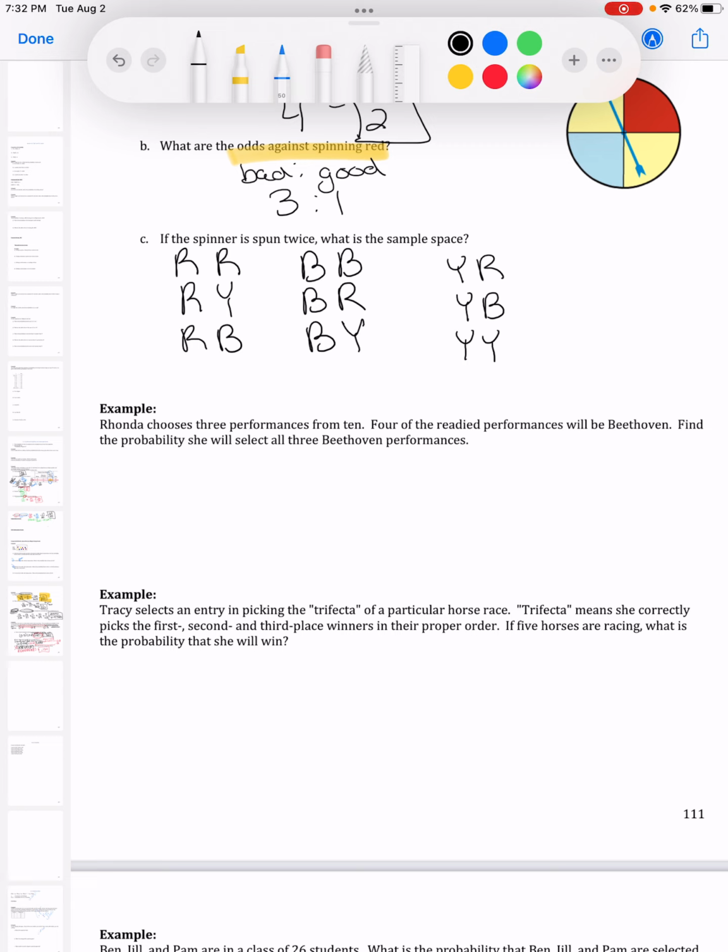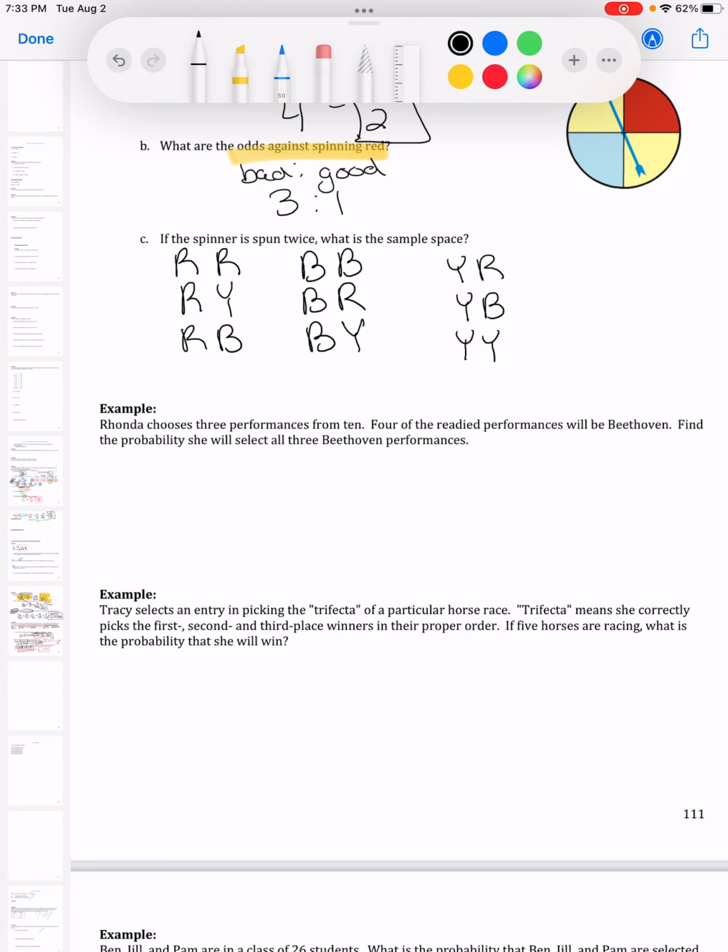Happy to do that. So for this first one, we're trying to figure out the order for choosing the songs that we're going to play at a performance. There are 10 total songs, and we need to pick 3 of them. But we only have 4 that are completely ready, we only have 4 that are Beethoven.